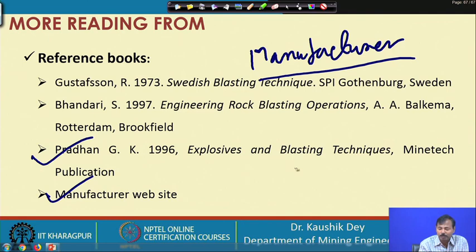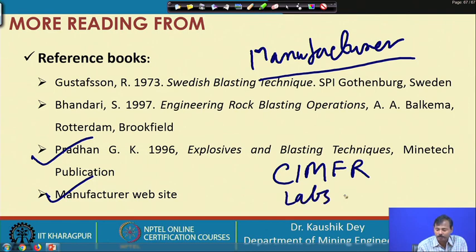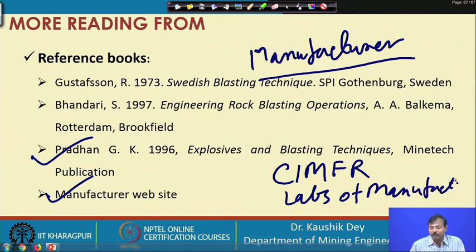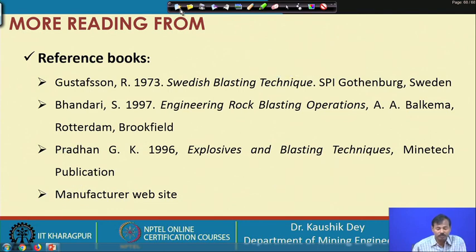Apart from that, some of these tests are available with CIMFR and in the labs of manufacturers, especially reputed ones like Nitro Nobel and Orica, where these test facilities are available. You must go through those facilities and the importance of those properties by yourself.